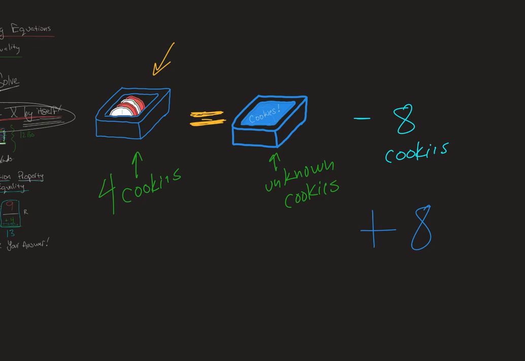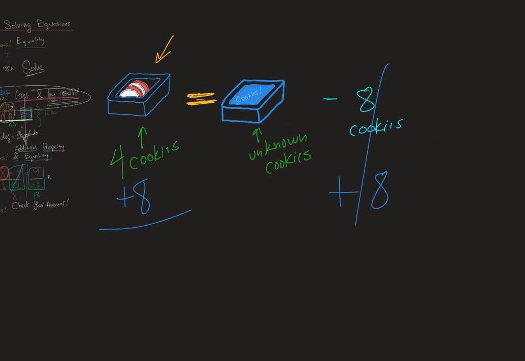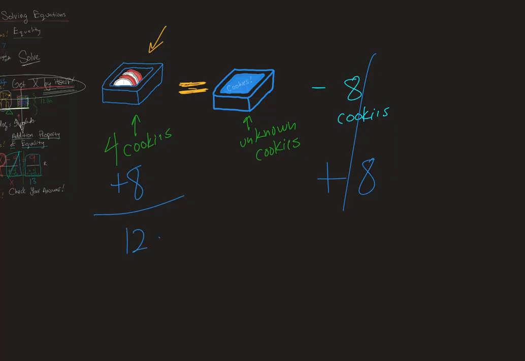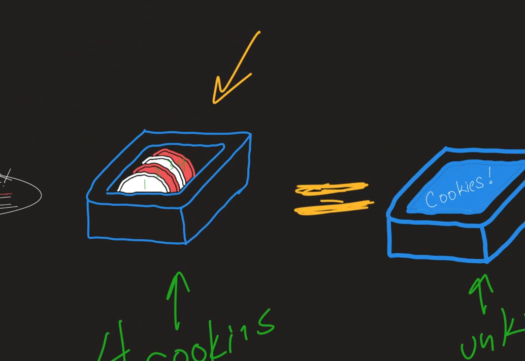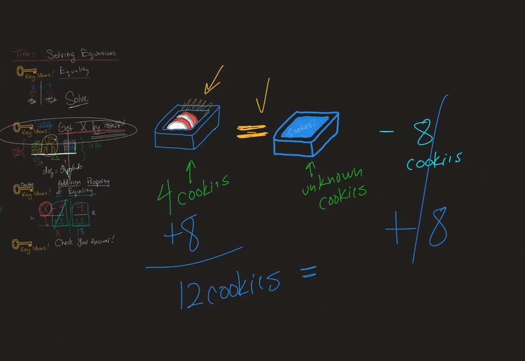We add 8 over here, and they cancel. If we add 8 right here, we would go, oh, 4 cookies plus 8 cookies, that's 12 cookies. And so we would automatically go, hey, if you were to put 12 cookies inside of this box, it would now be equal to an entire box of unknown cookies. So how much is in a box of cookies?